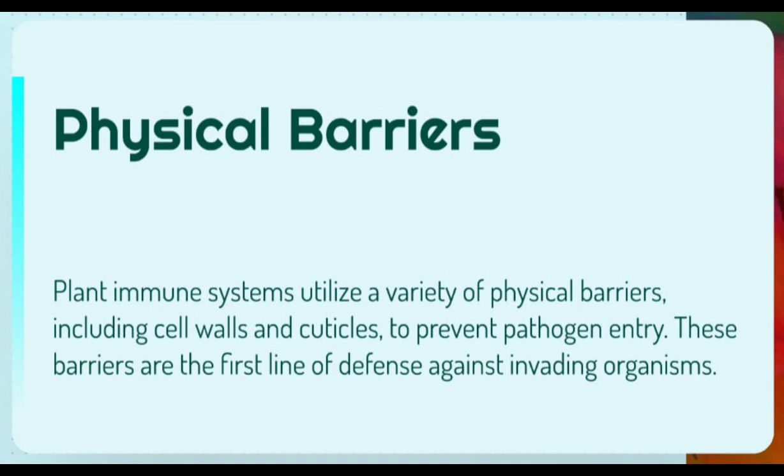Next, we have the physical barriers. These serve as the plant's first line of defense. The most important ones are the cell walls, waxy cuticles, and bark, which form a strong shield around the plant's surface. These structures act like armor, preventing pathogens from entering plant tissues.